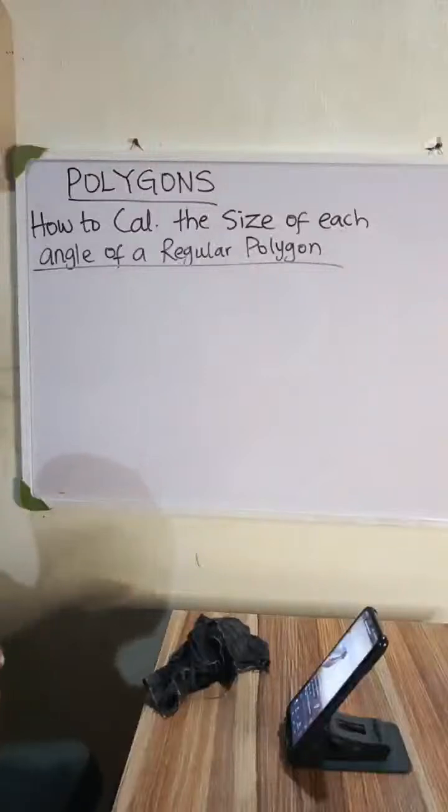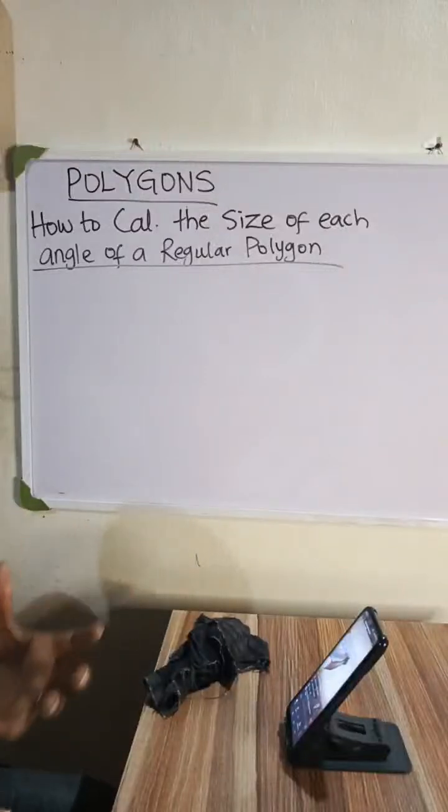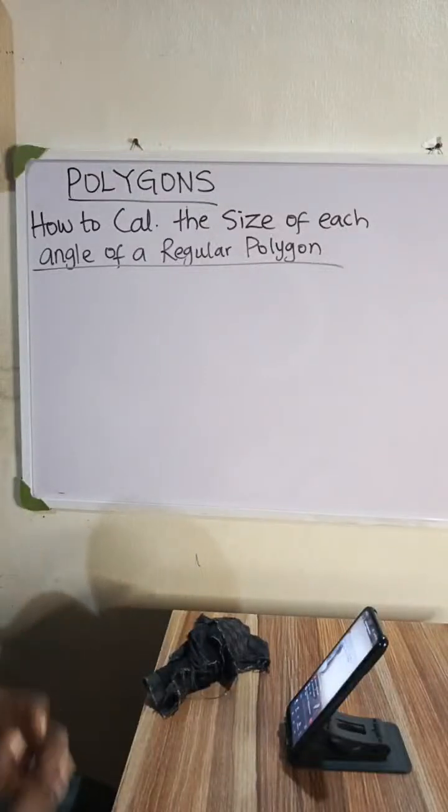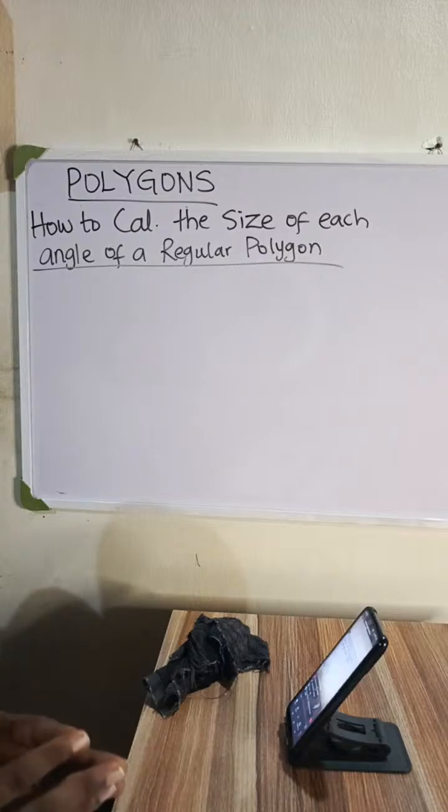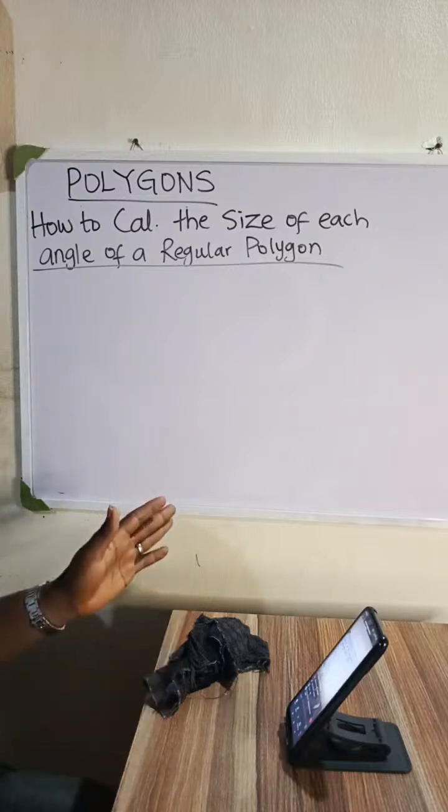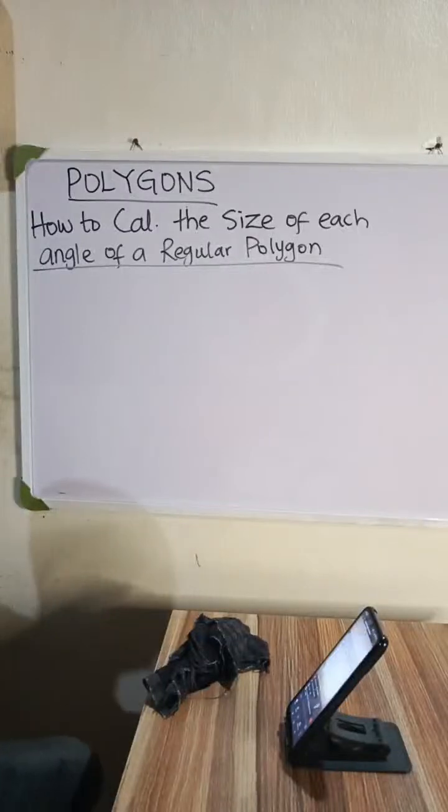The reason we are doing that is because we know that all the angles are the same. So once we know the size of one angle, we know the size of all the other angles.